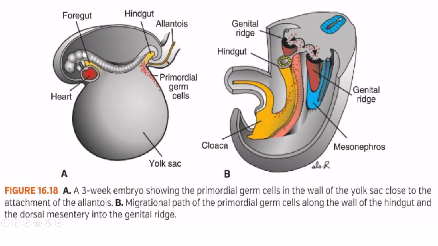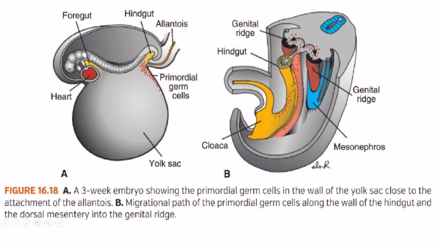With the formation of the tail fold, the primordial germ cells will migrate to the endoderm and splanchnic mesoderm of the hindgut. From the hindgut, they start migrating cranially and dorsally through the dorsal mesentery to the dorsal wall of the body to reach the genital ridge.